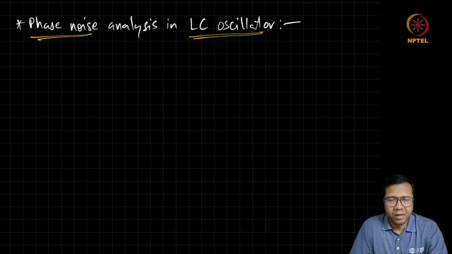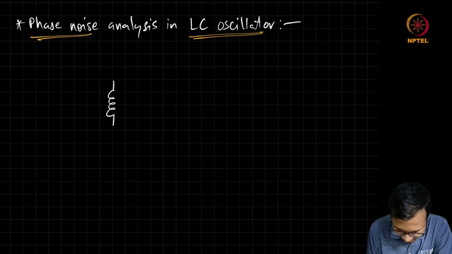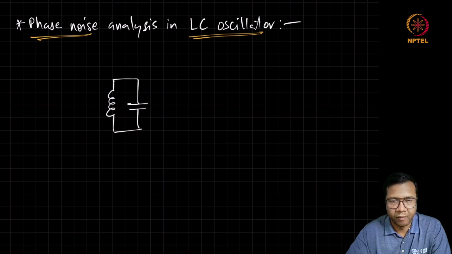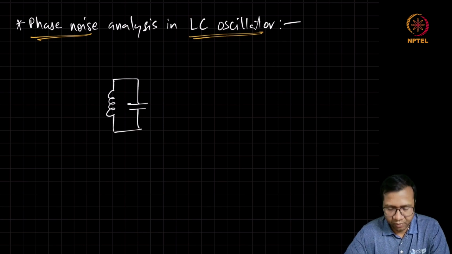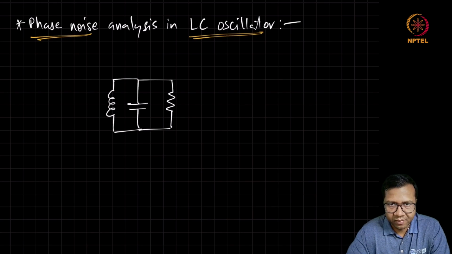So we can start with the simple equivalent circuit of an LC oscillator, which we had already discussed. It has an inductor and capacitor in parallel, forming an LC resonator. Then a parallel resistor which is modeling the loss in the resonator.